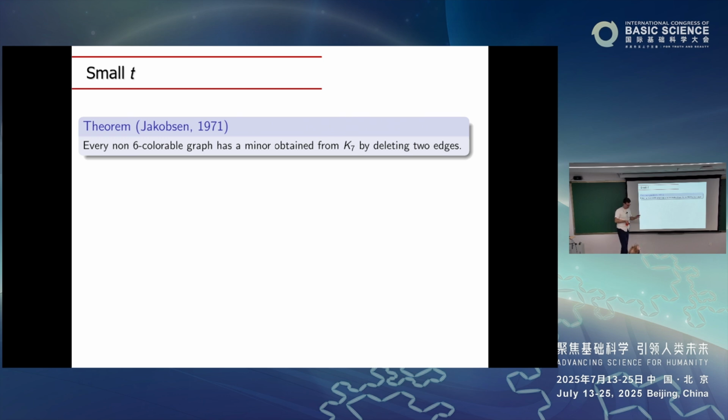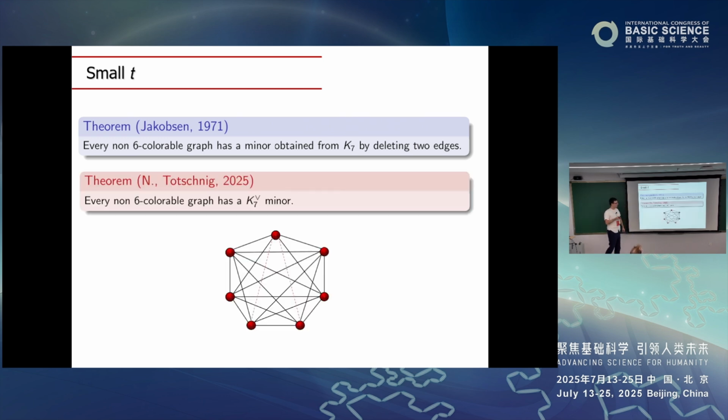And for technical reasons, it's really important to exclude both. And very recently with my master's student, Agnes Totschnig, we bravely extended this result, showing that if the graph is not 6-colorable, we always get one of these 2 graphs.